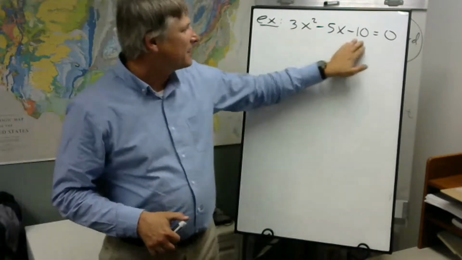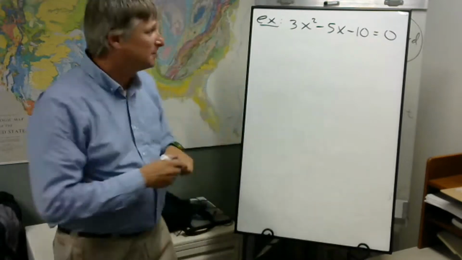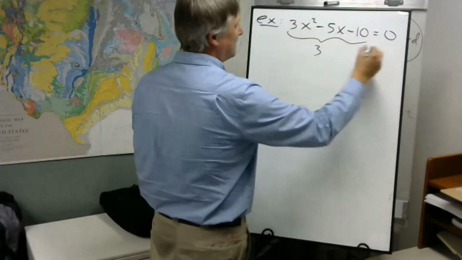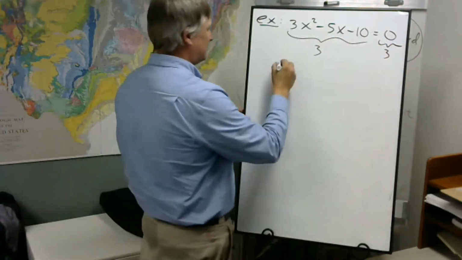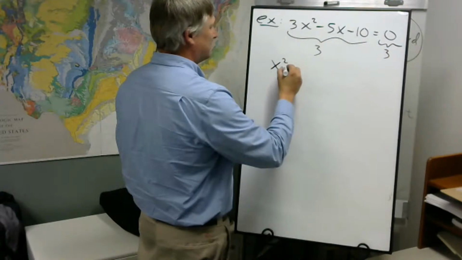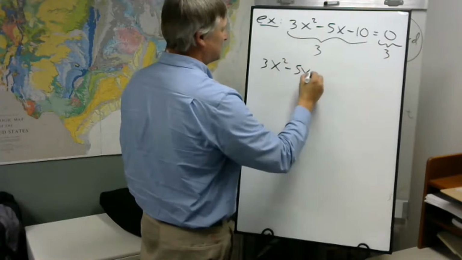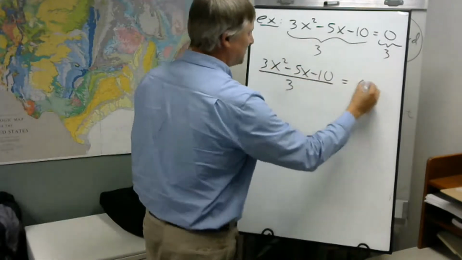So we can divide both sides by 3. Get rid of that 3. So we're going to divide the entire side by 3, divide this by 3. So we'll get x squared, 3x squared minus 5x minus 10 over 3 equals 0.